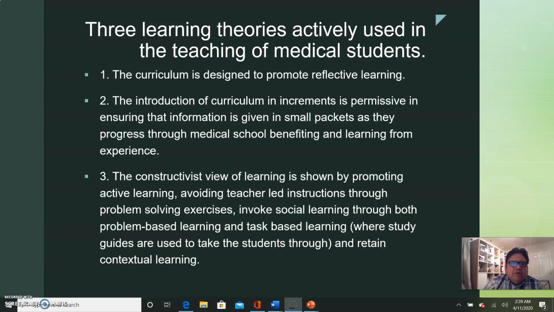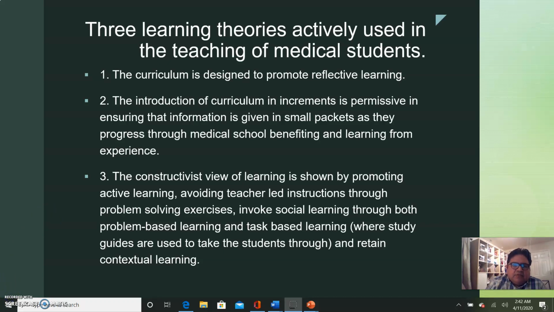Lastly, I wanted to review the three learning theories actively being used in medical schools at this time. Number one, the curriculum is designed to promote reflective learning, which is consistent with behaviorism. Number two, instruction and curriculum are given in increments of information in small packets to progress through medical school, benefiting and learning from experience, which is consistent with cognitivism.